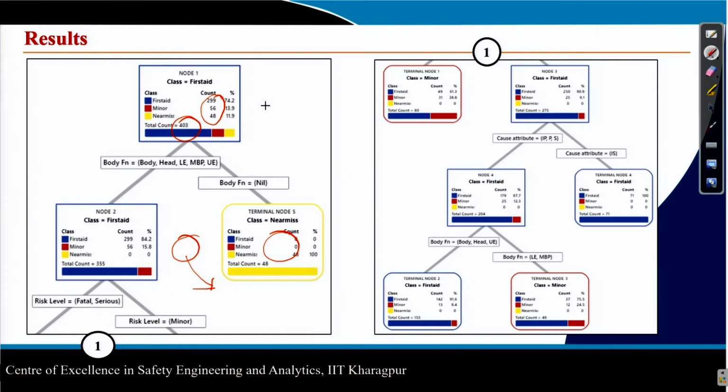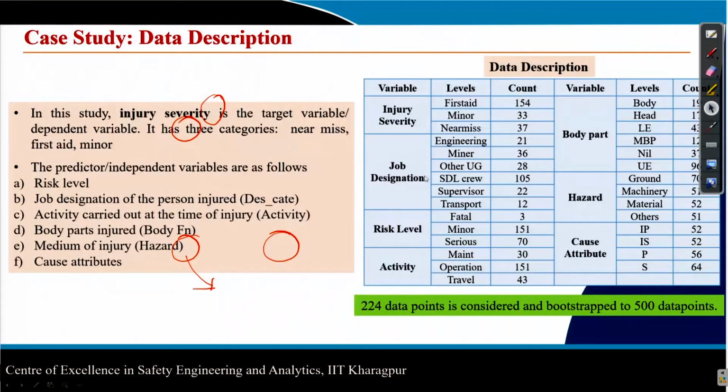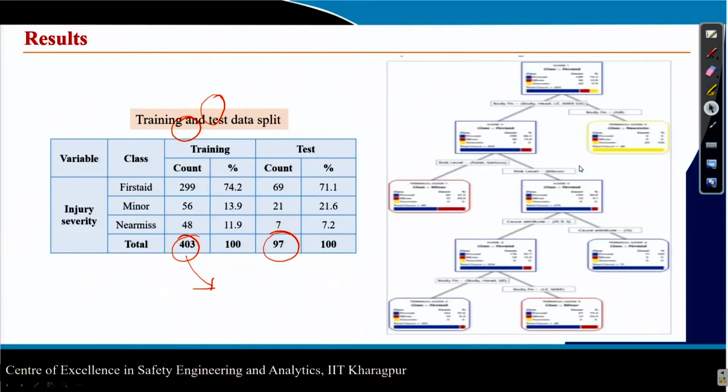Then, as you have many variables, starting from job designation, risk, activity, so many variables, you can find out the best split and go for splitting.